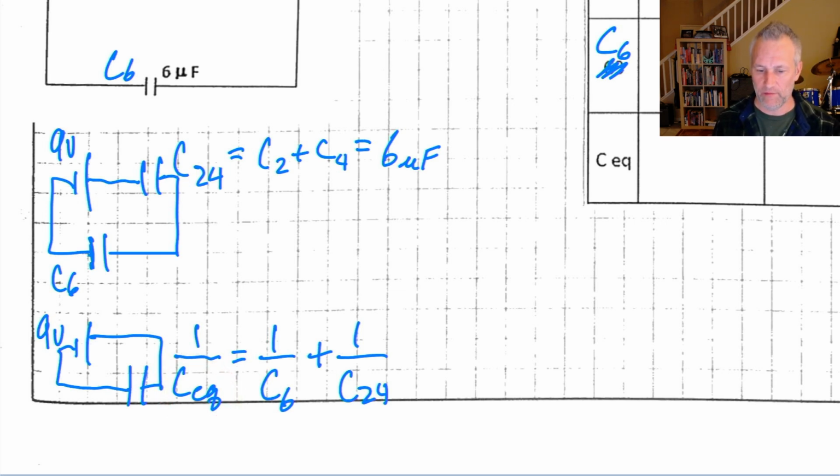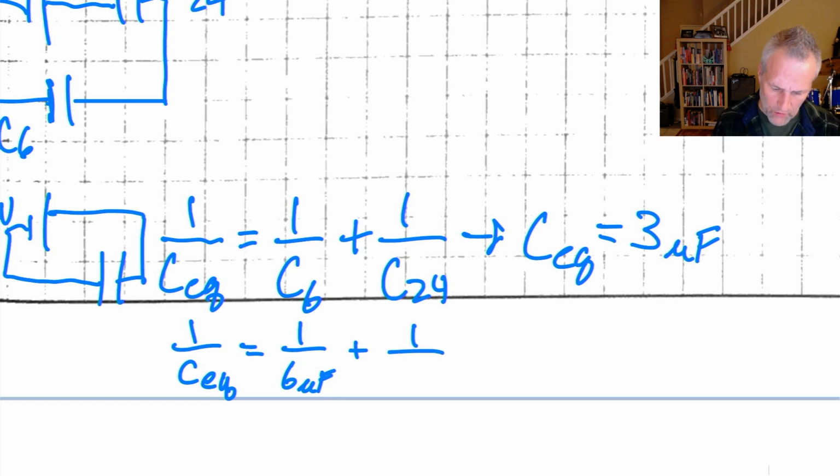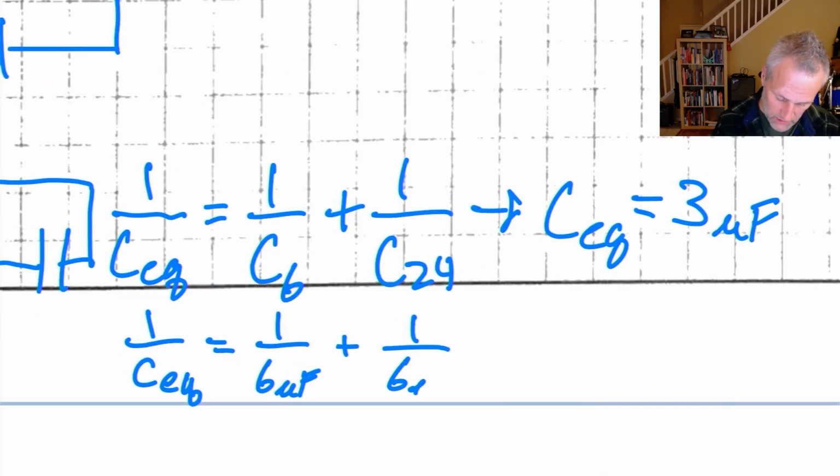If you do the math here, you will find that CEQ is equal to 3 microfarads. The math there would look like 1 over CEQ equals 1 over 6 microfarads plus 1 over another 6 microfarads, right? And that's where we get that from.